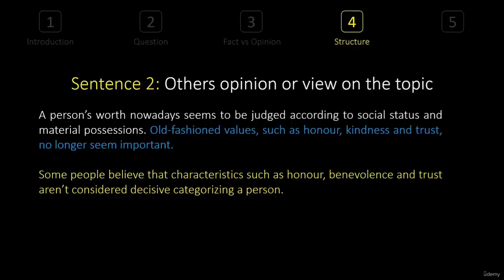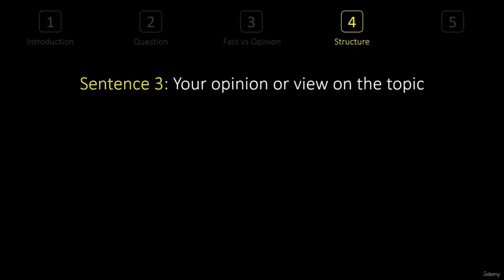They are not deciding factors of categorizing a person. This is called the second sentence, or a fact opinion-based statement. Right? Some people believe this, and based on this, you're going to provide sentence 3. That is your opinion or view on this topic.